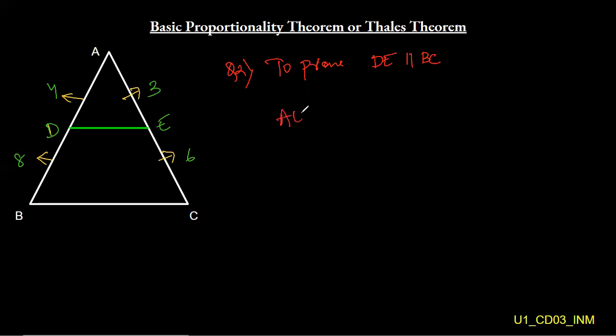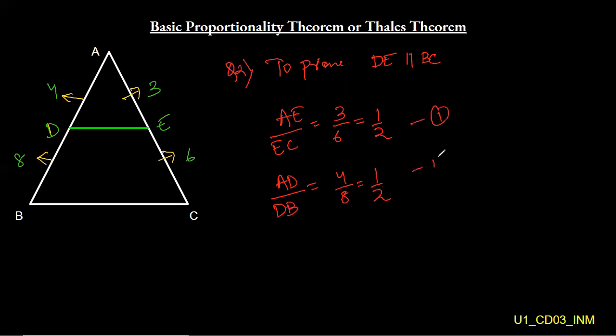एक बार fraction की value निकालो AE upon EC की. क्या आएगा value? AE upon EC equals to 3 upon 6, which is equals to 1 upon 2. ठीक है. And now find AD upon DB. What will be the value of AD upon DB? 4 upon 8. Again, this is also becoming 1 upon 2. Now, from equation 1 and 2, this is my equation 1, this is equation 2.